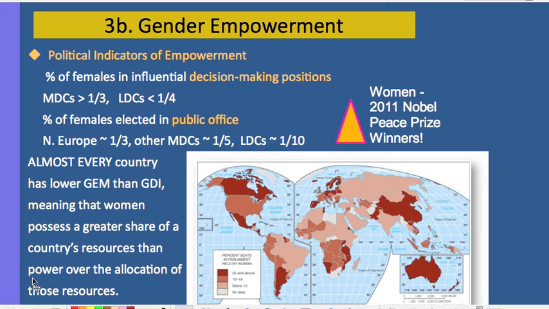Power as in that decision-making position to make decisions about how those resources like education and healthcare are allocated or distributed to society. Okay, so that is gender inequality, gender empowerment.